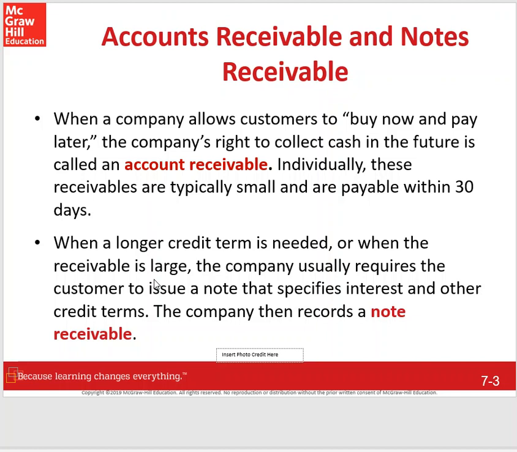And do you think that you could long-term finance us on this business deal? So we could have notes receivable arise from an unusually large order from a customer, and in that case we might specify interest rate, specific payment due dates, and get it a little bit more formal, and that would make it notes receivable.